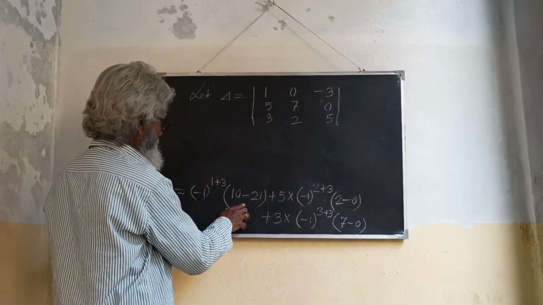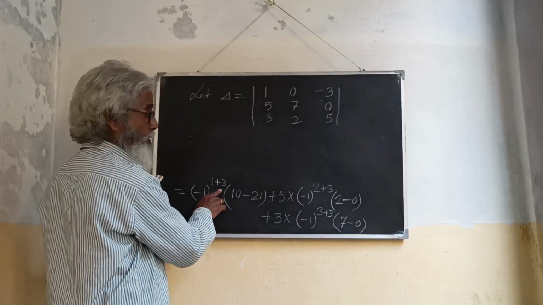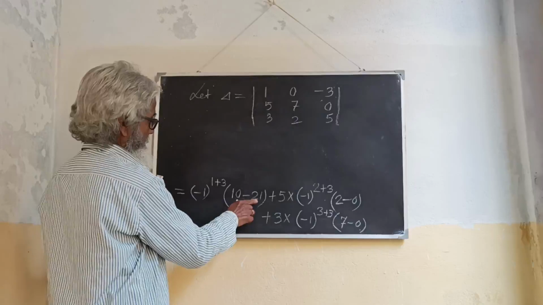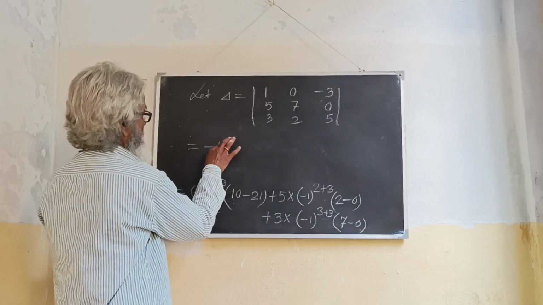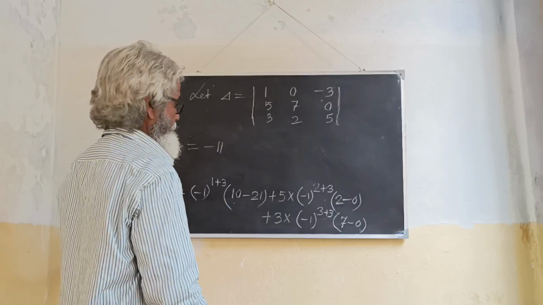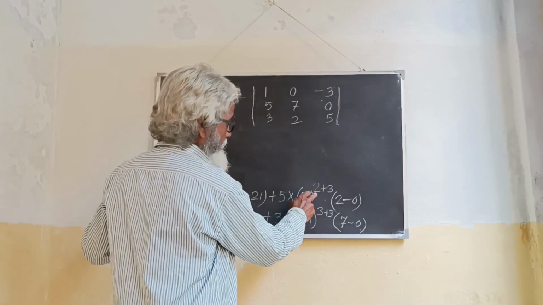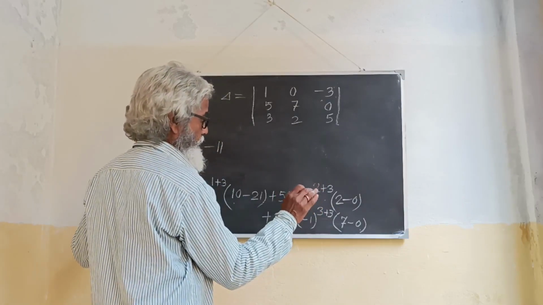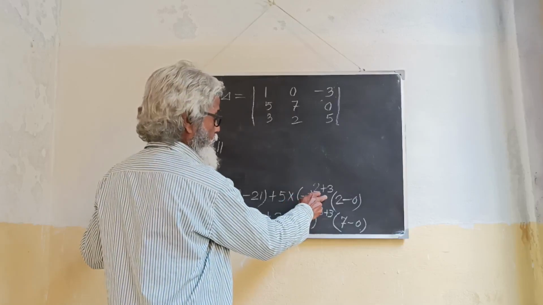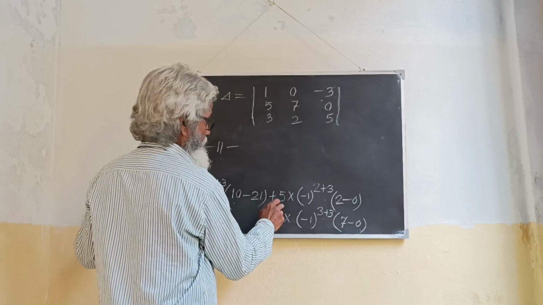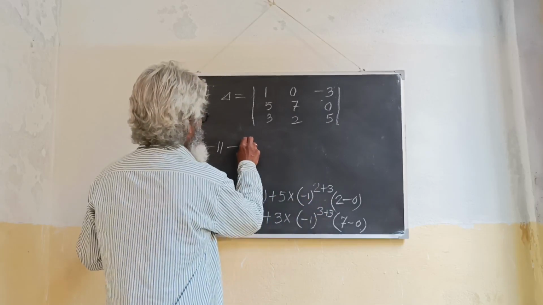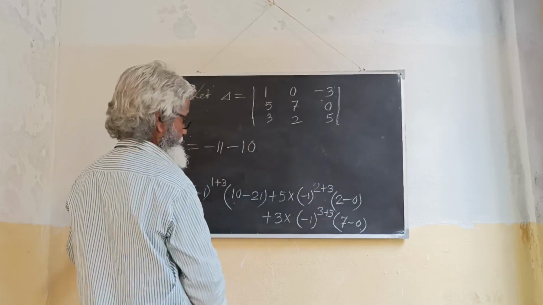This is -11, and (-1) to the power 4, so it is plus. So ultimately it will be equal to -11. This is 2 plus 3, odd, and (-1) to the power odd is minus, so minus 5 into 2, that means 10.